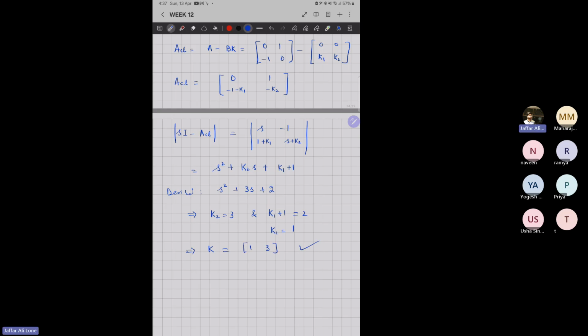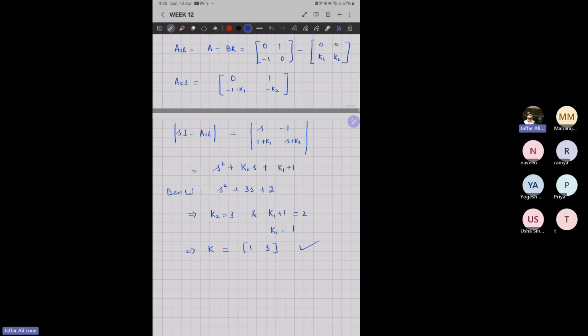Does anybody have any doubt in this? Please ask. So this was state feedback. Now, similarly, you are asked to find the gain L of the observer such that your closed loop poles are placed at given locations.